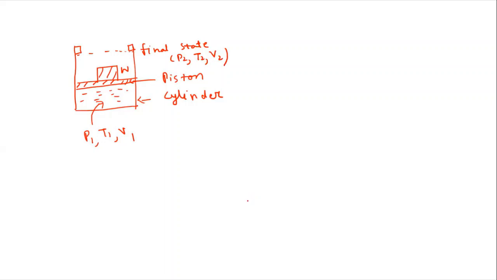Now let's describe this process on the thermodynamic plane, where we have pressure and volume. The initial state is P1 and V1 and the final state is P2 and V2, and the process is described like this.